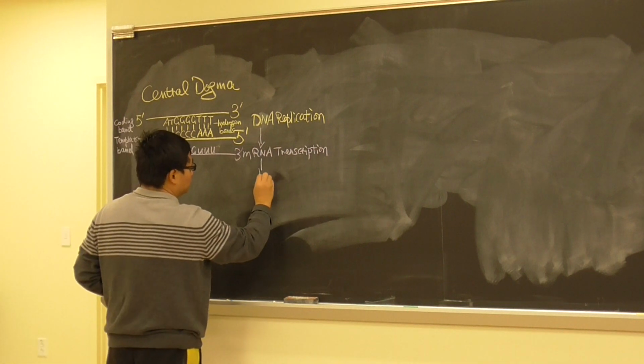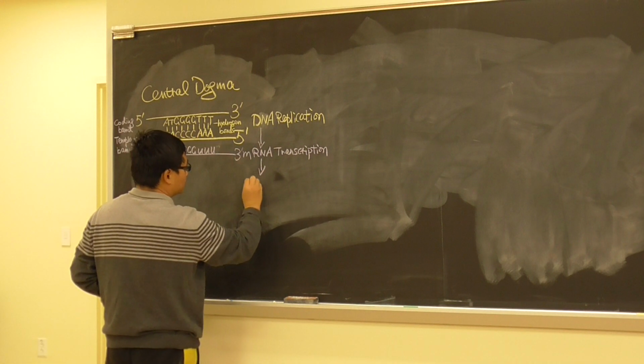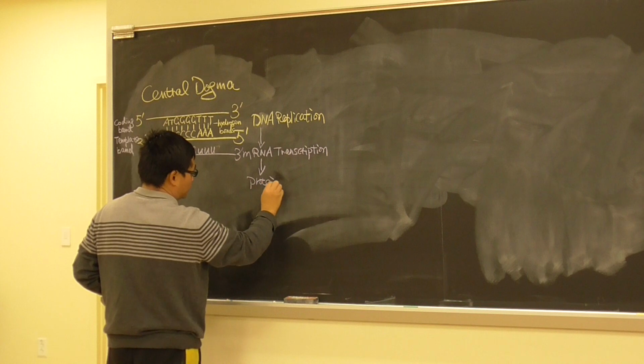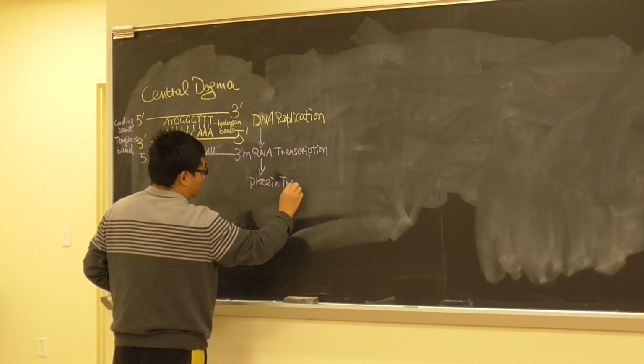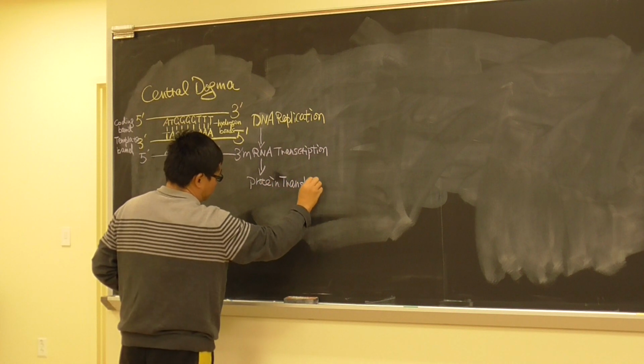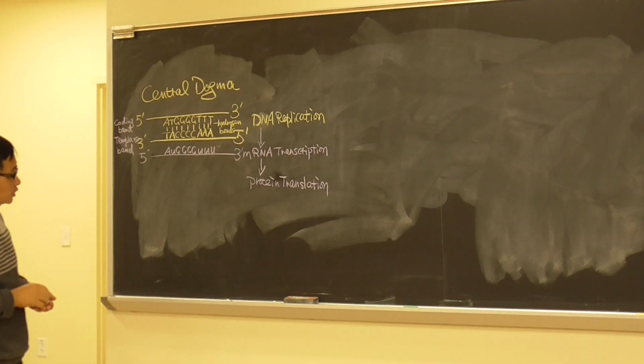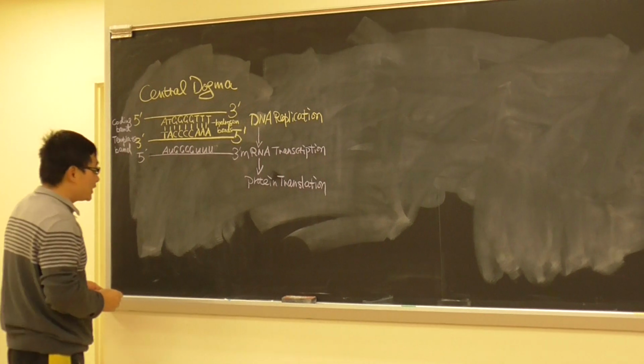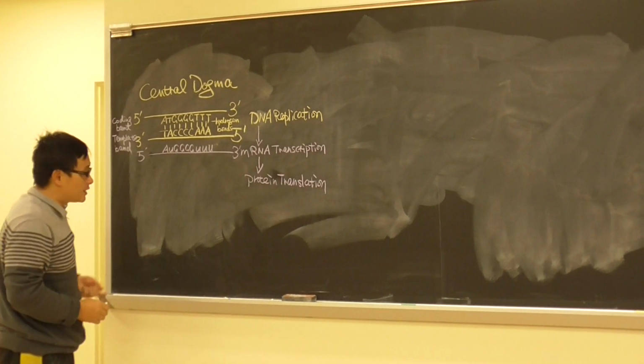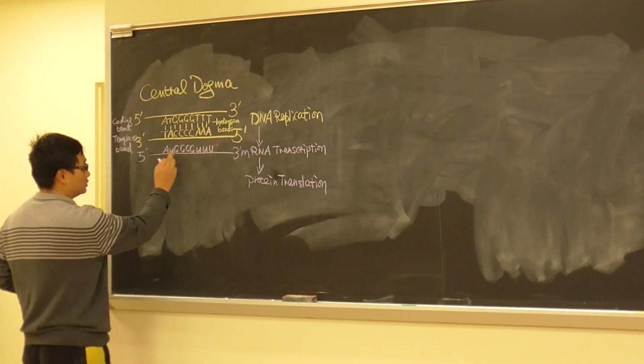Okay, we're going to move to the last section. We call it translation. Now, what is it going to look like? We have the genetic code there. So at the end of the day, they will become amino acids. What are they?